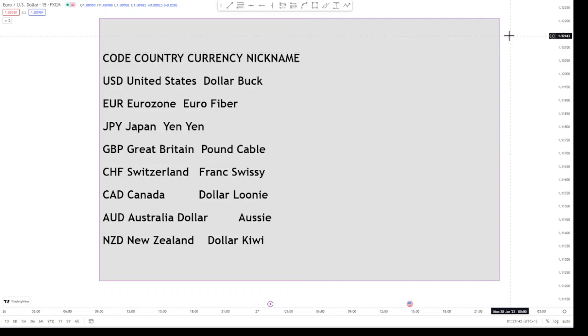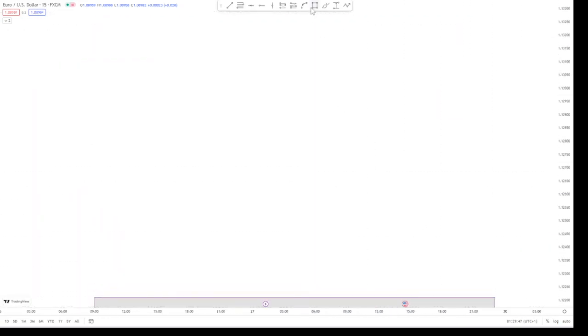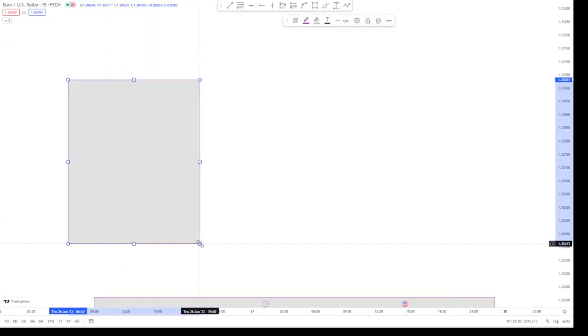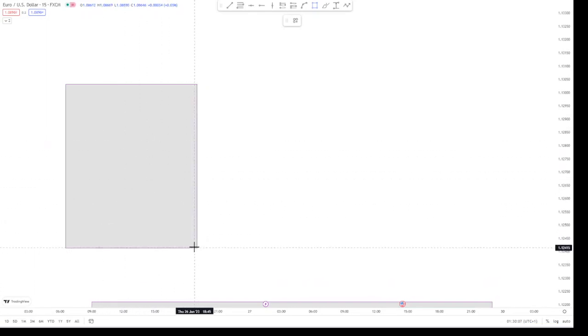So I'm going to go down here so I can see. Now, let's assume this old box here is Japan. This is Japan. Now, consider that inside this old box there are 1 million smaller boxes.